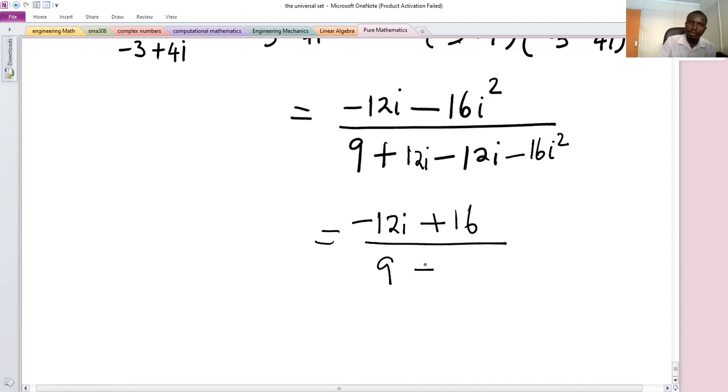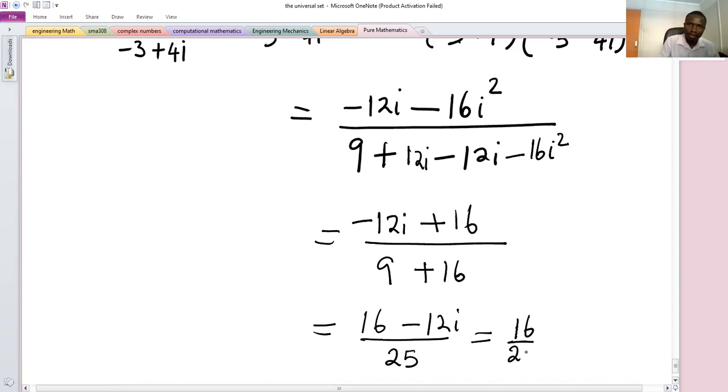Minus 1 times minus 16, 9 plus 16 is 25. So we have 16 minus 12i divided by 25. And in the required form is 16 over 25 minus 12 over 25 i. So that is the solution to the third part of question 6.